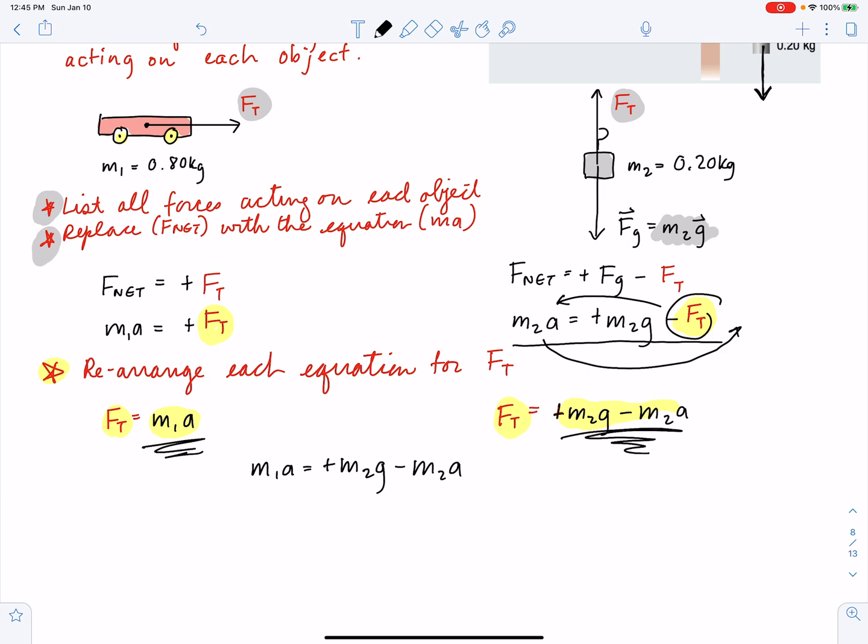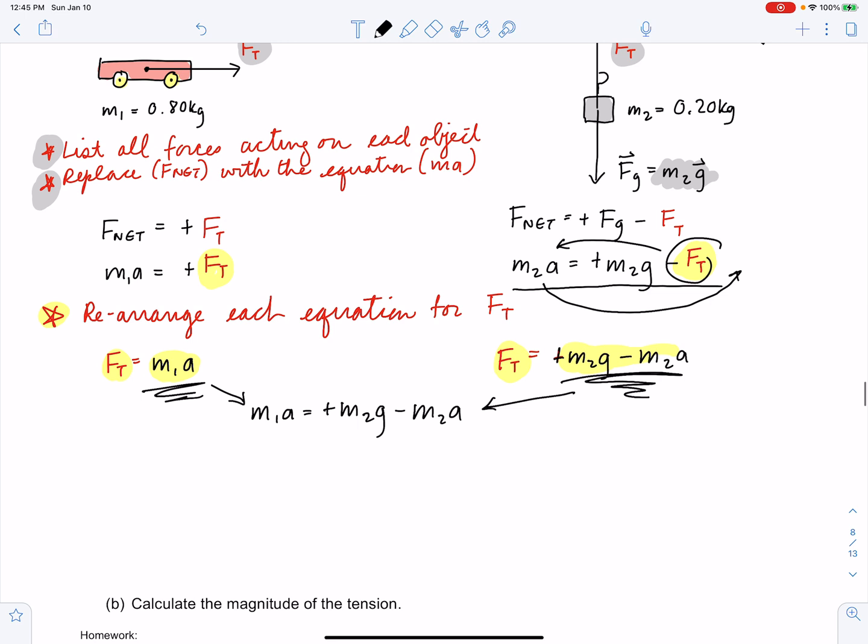I set this equal to this because they both equal the force of tension. So I've eliminated one unknown variable by combining these two together. We've removed the force of tension, and the only unknown variable we have left is the acceleration. And that's good because that's what they asked us to find.